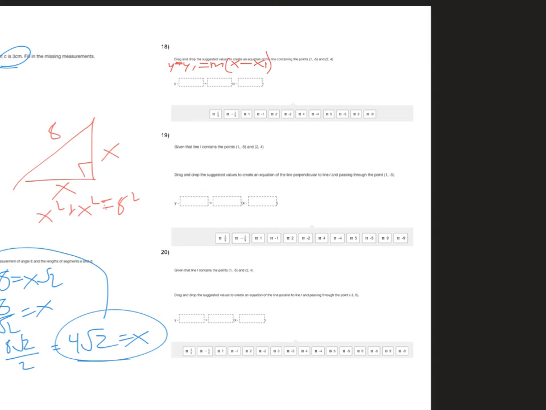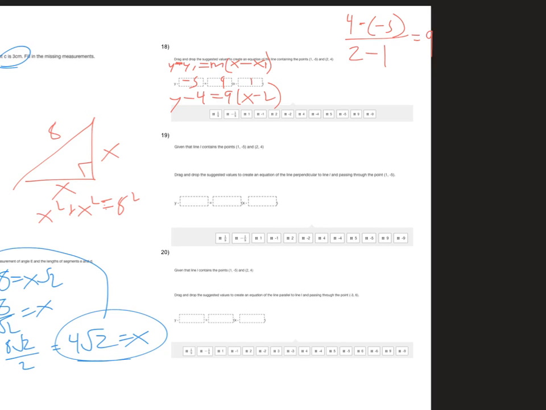So I'm going to make this y minus negative 5 is equal to blank, the slope, times x minus 1. Now I need to know the slope, and so I just use the slope formula. 4 minus negative 5 over 2 minus 1 is 9. That's my slope. And I just as easily could have done this as y minus 4 is equal to 9 times x minus 2. Schoology would accept either answer there.